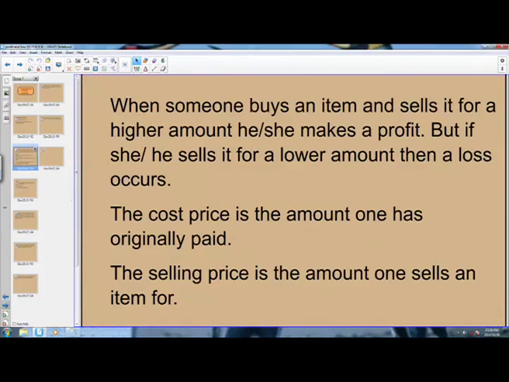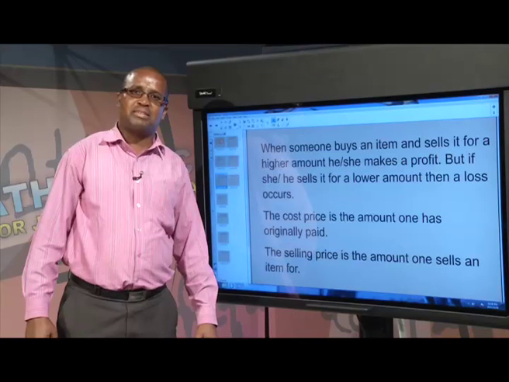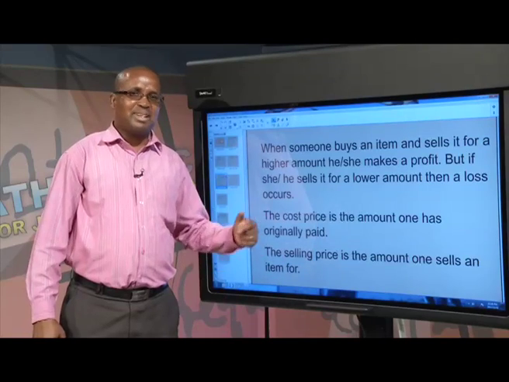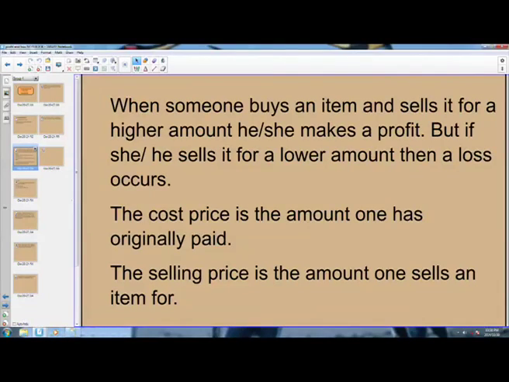Now, let us have a look at the statement written here before we can start discussing this topic further. The statement says, when someone buys an item and sells it for a higher amount, he or she makes a profit. That is, when you buy an item and then you sell it for a higher amount, you are making a profit.